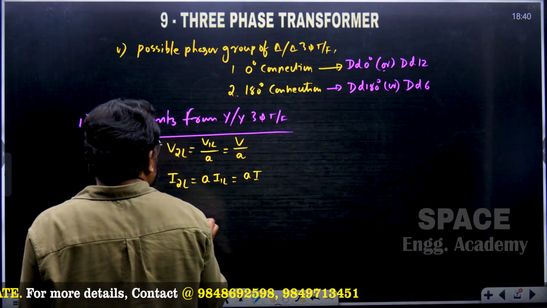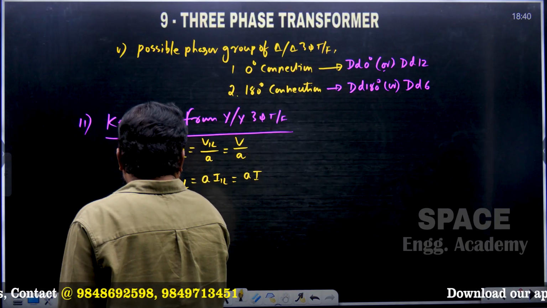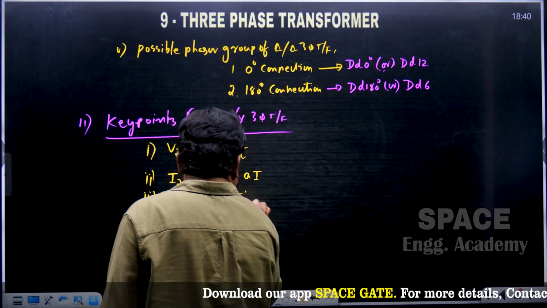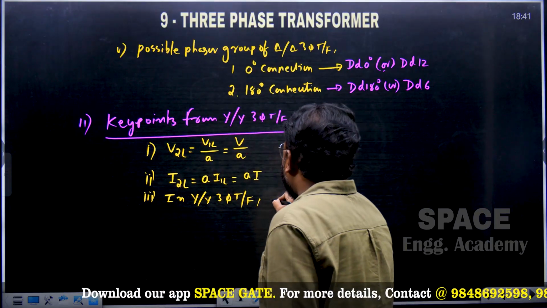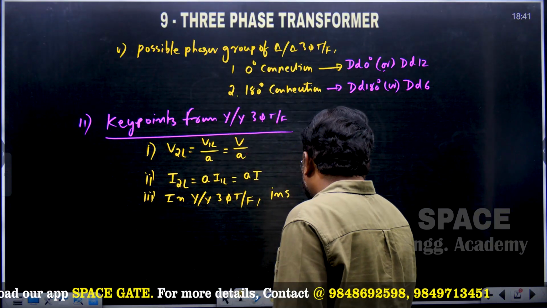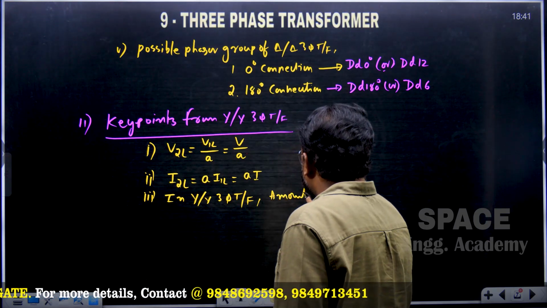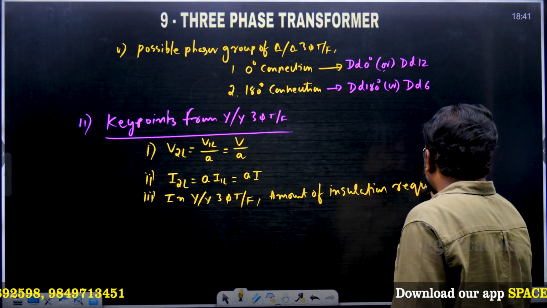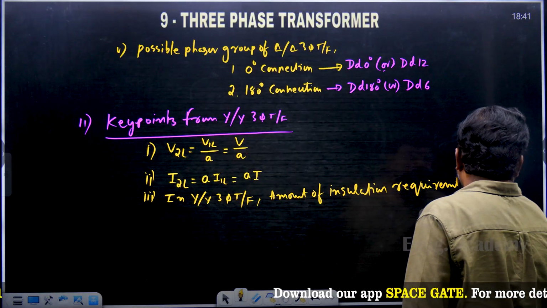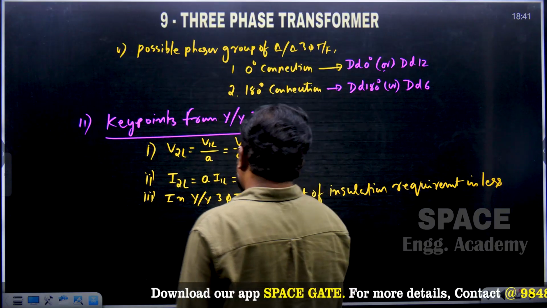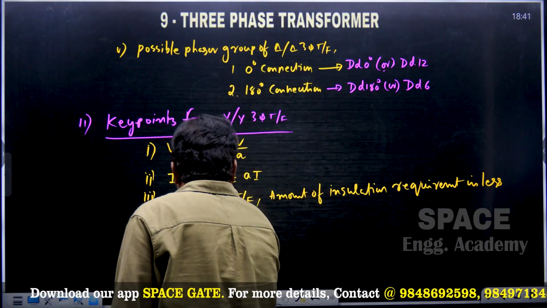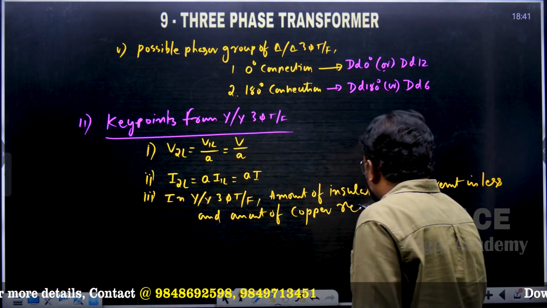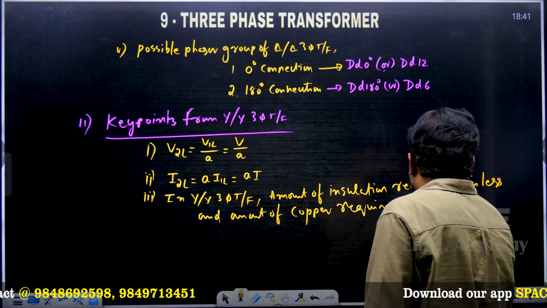To design the star three-phase transformer, the third point is that in a star three-phase transformer the amount of insulation requirement is less, and the amount of copper requirement is more.